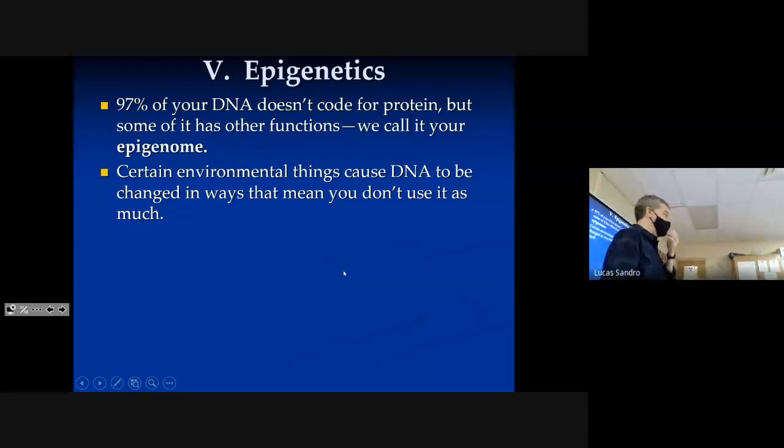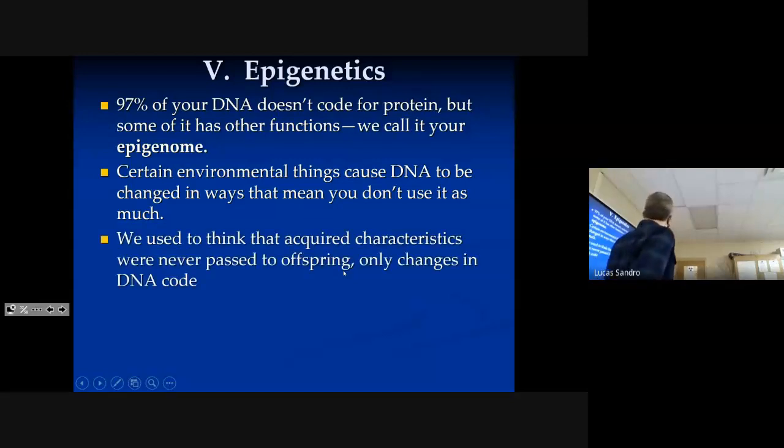In other words, in a limited way, it seems to be possible to pass things on to your kids because of things that happen to you during your life. Again, we used to think that you couldn't acquire genetic characteristics like that. We are only just now starting to understand that in a limited way, it is possible.